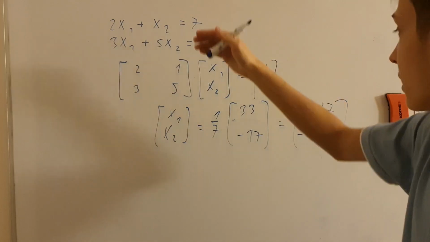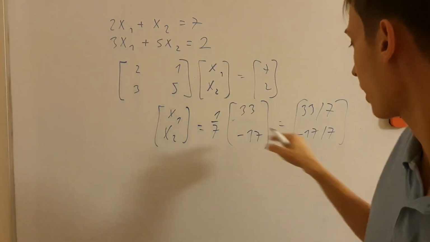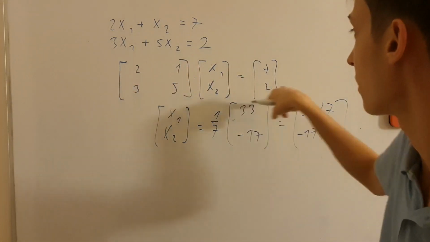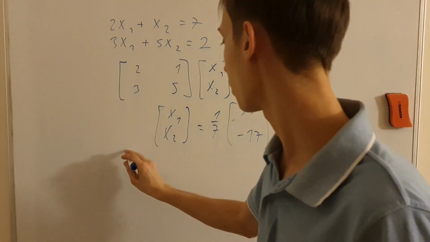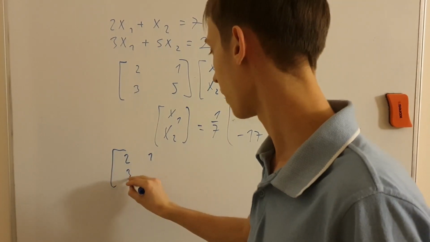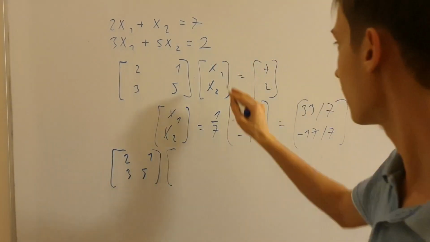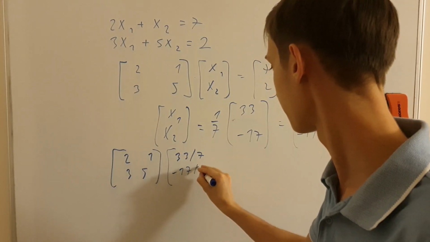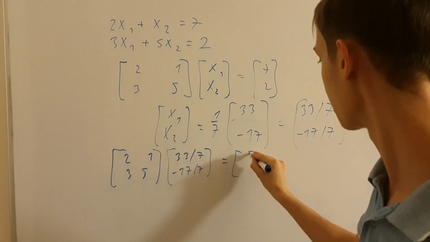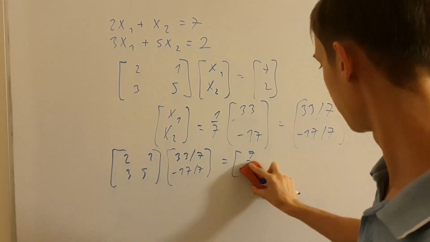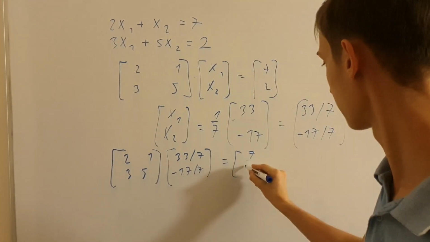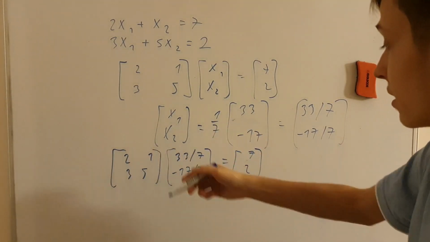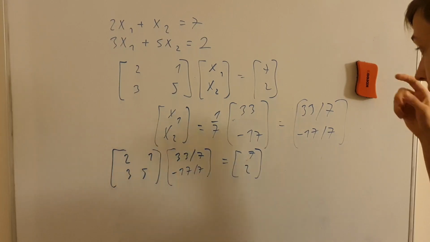Now I can plug it back in, so either plug this value into the x1 and this value into the x2 and see if that all works out, or I can plug it into this matrix equation, and that means that I will write this 2, 1, 3, 5 as this, and then x1, x2 will be this thing, and on the other side is 7, 2. So what this means is, basically I'm writing in the results and seeing if both sides are equal.